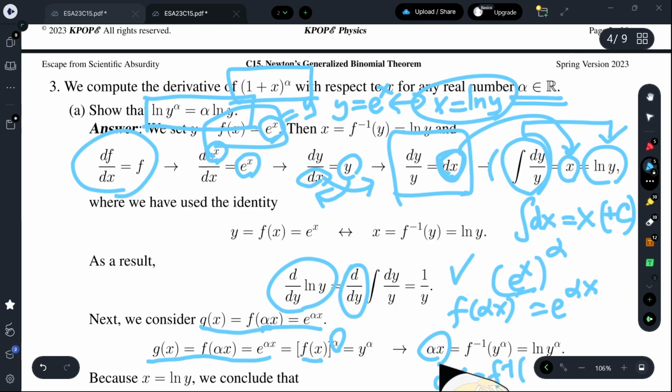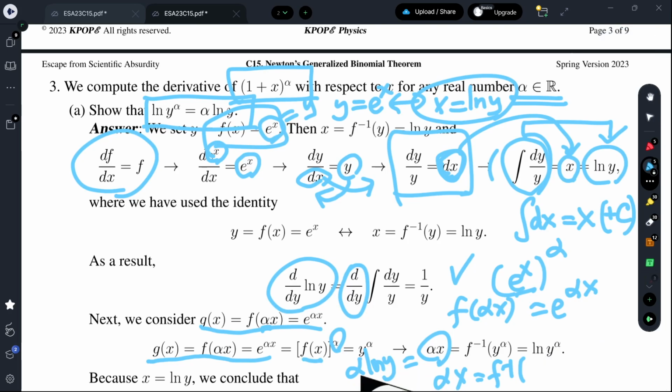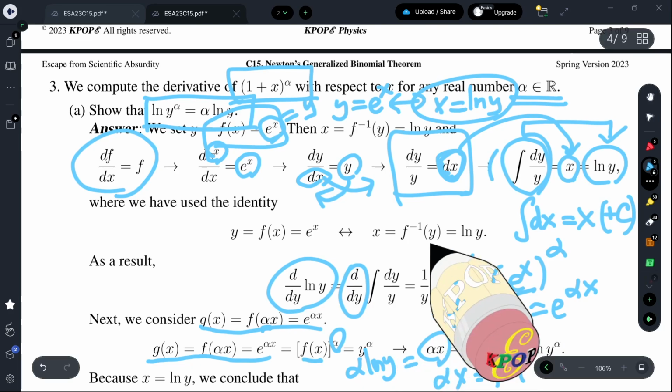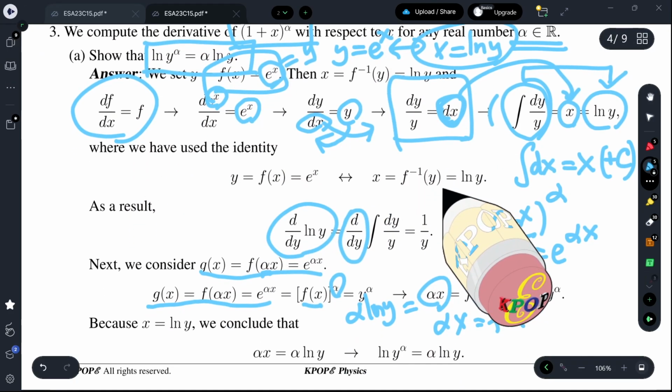By the way, what is x? x is log y, so this is alpha log y. As a result, log of y to the alpha is alpha log y. We have proved this identity.